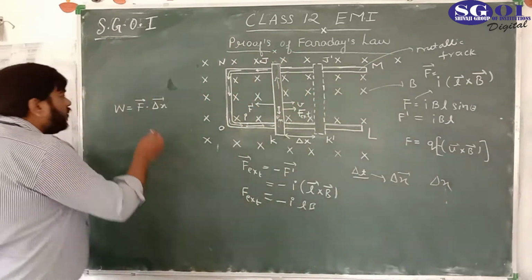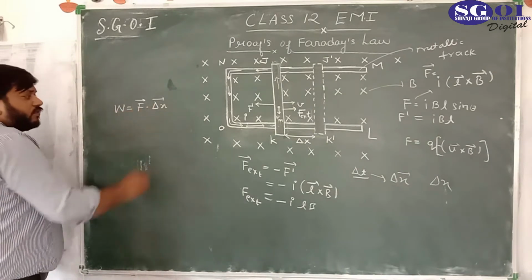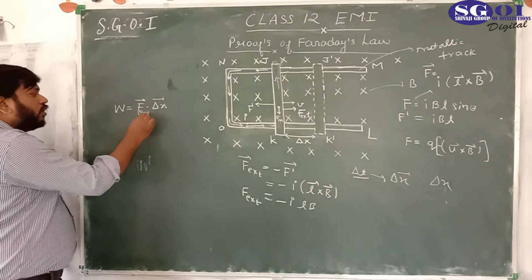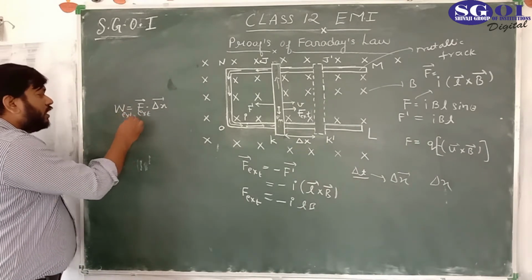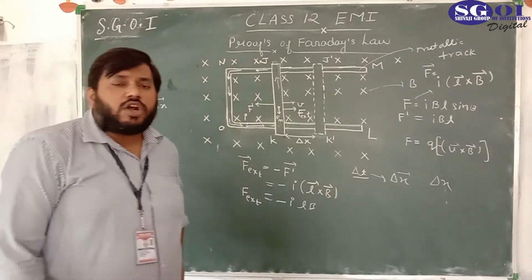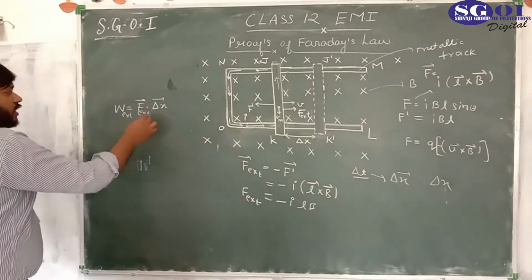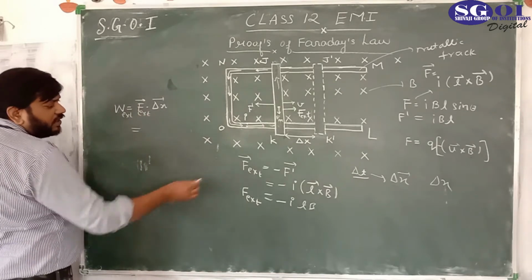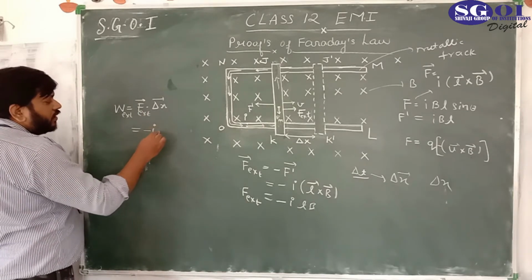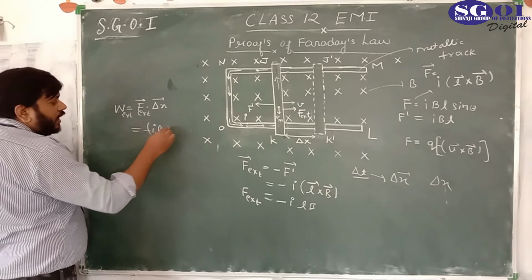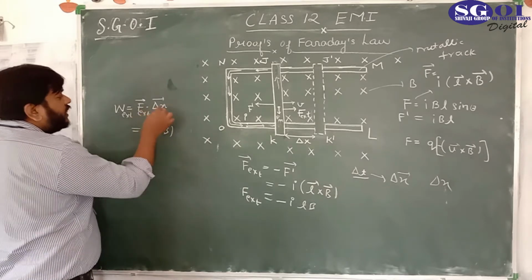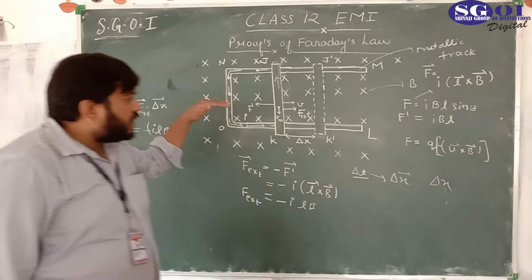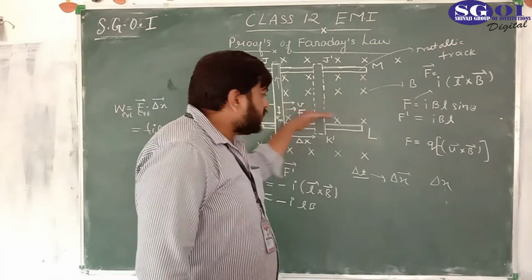And from this formula, W equal to F external dot displacement, we can write F external as minus I LB, dot delta x. The angle between these two is 0, because F external is applied in this direction and it is displacing in this direction.